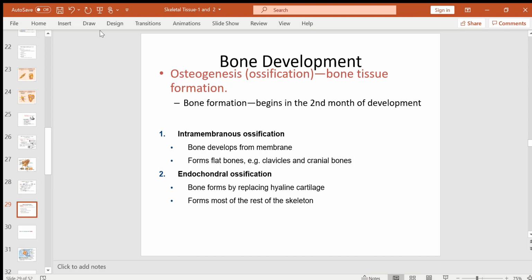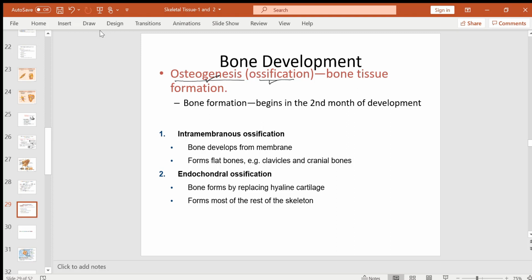Ossification, the process of bone formation, also called osteogenesis. So ossification or osteogenesis: osteo means bone, genesis is formation. So how is the bone tissue formed? You know, when new bones are formed, new bone tissue should be formed, right?